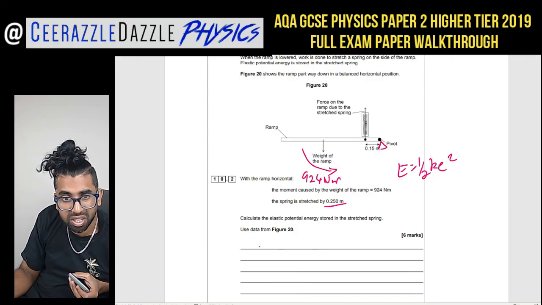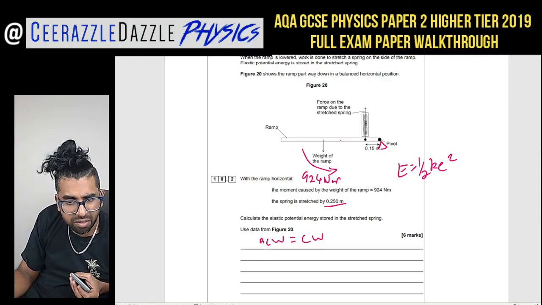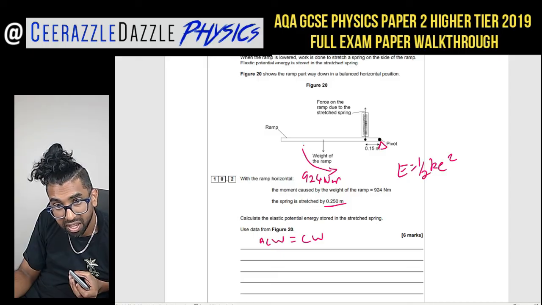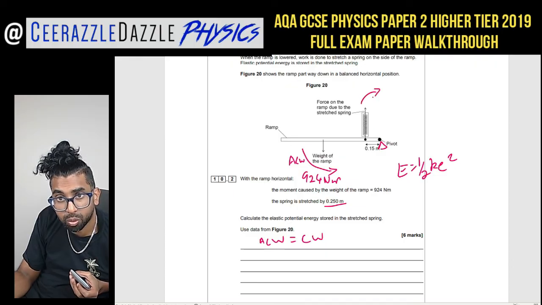So therefore, we can say that the anti-clockwise moment is equal to the clockwise moment. Yes, that's the first thing we're going to do. So the anti-clockwise moment, this one is pulling the whole ramp anti-clockwise. This is an anti-clockwise moment. This one is trying to spin the ramp clockwise.